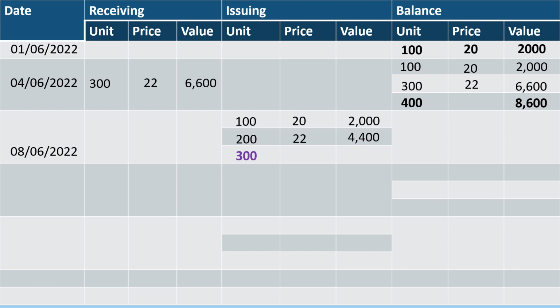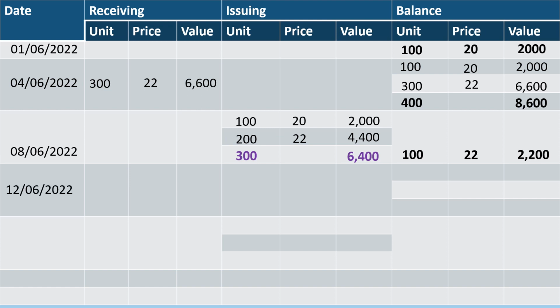Ultimately, we are getting the value as 6400 by adding 2000 and 4400. So we are going to issue these 300 units at rupees 6400. Now what is the remaining balance? We are left with 100 units at the current price of 22 rupees, and the value is 2200.